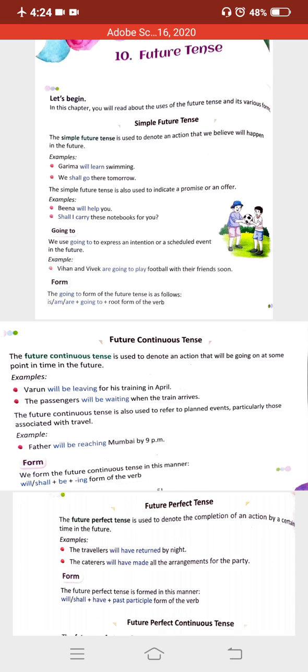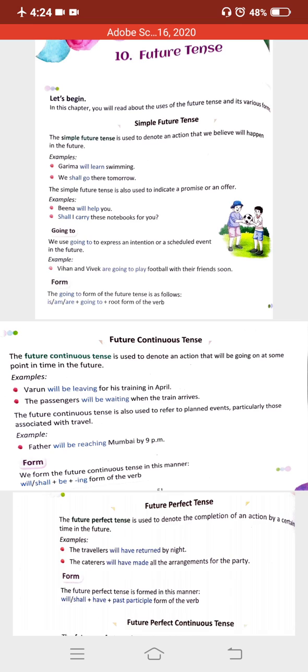Nowadays students, there is a little change: most of the time we use will, as it's not trendy nowadays to use shall in more sentences, and the most preference is given to will.